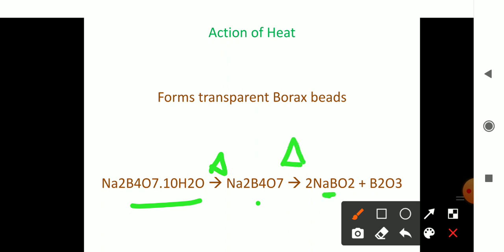Sodium metaborate, NaBO2, along with the formation of boron trioxide, or boron oxide, B2O3. So action of heat: when borax is heated, we get transparent borax beads, and on further heating, these are converted into sodium metaborate along with the formation of boron oxide.